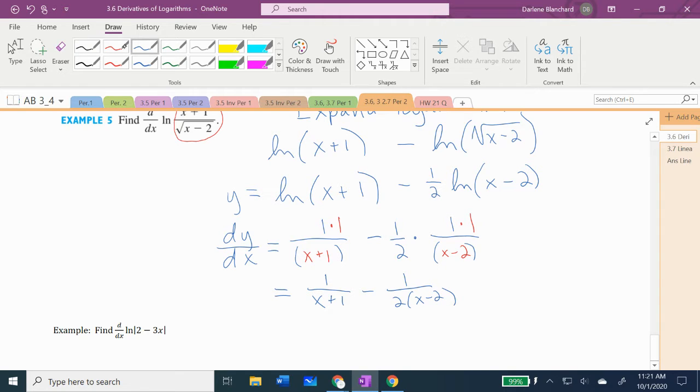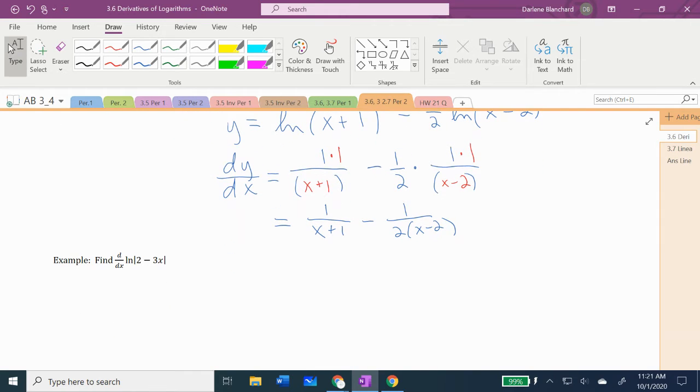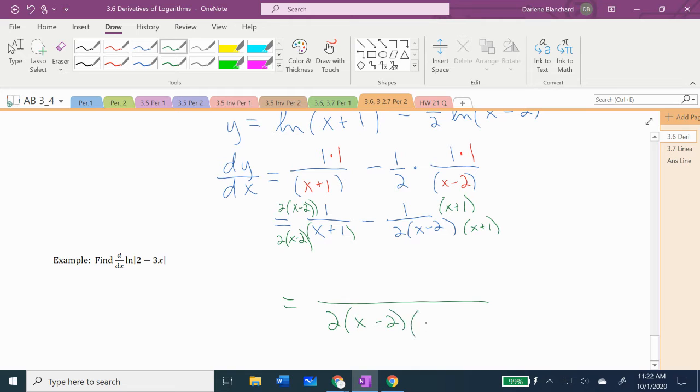So at this point, you can get common denominators. So I multiply this fraction by 2 times x minus 2 on the top and the bottom. I multiply this fraction by x plus 1 on the top and the bottom. Then the denominators that are in common will be the denominators for all.